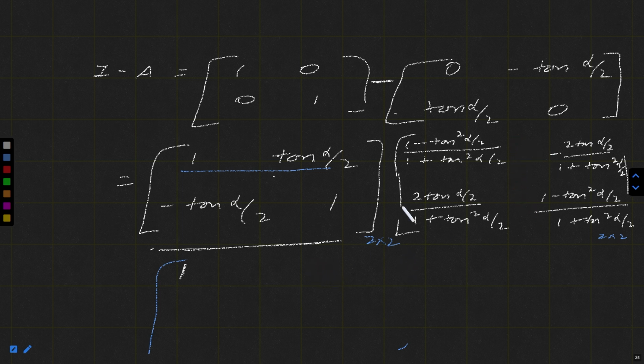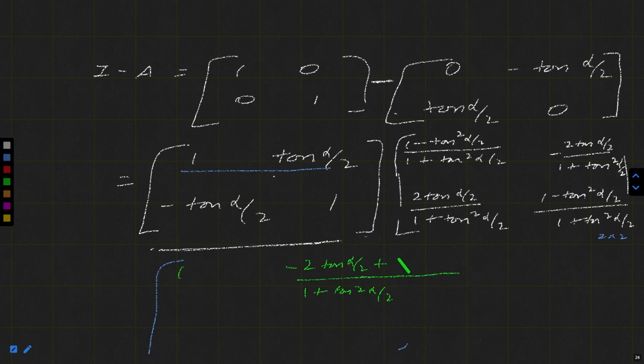Now what about the next element? The first row and the second column. Let us see. So 1 will be multiplied with this, minus 2 tan alpha by 2 by 1 plus tan square alpha by 2. Plus, because the denominator is the same, let me directly reduce to simple form.